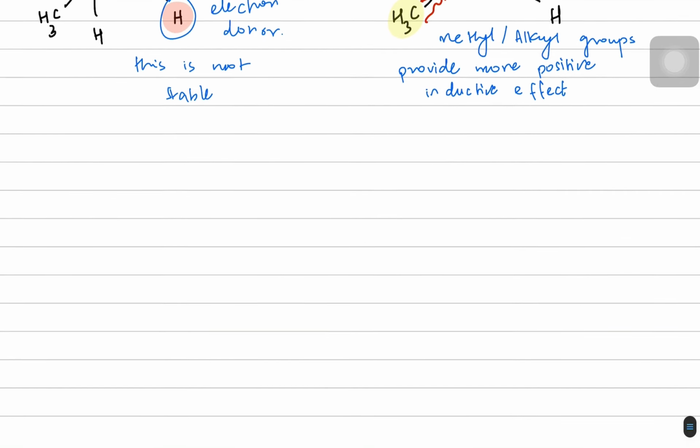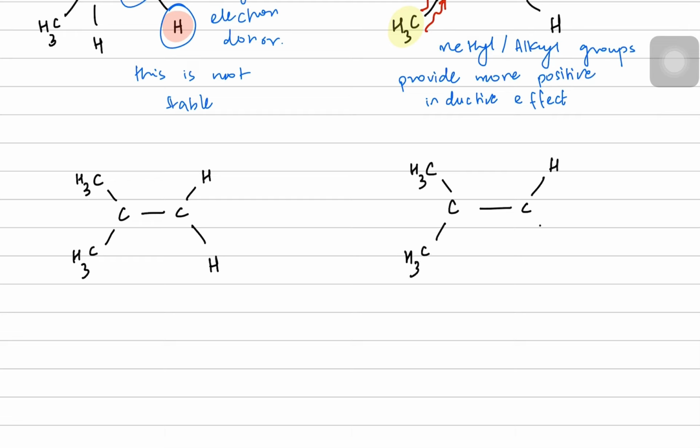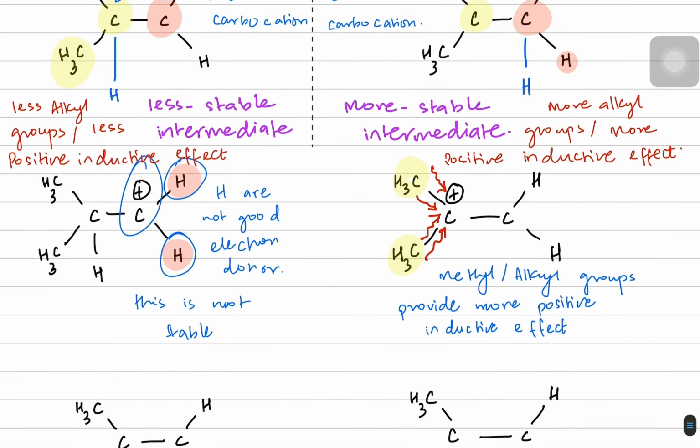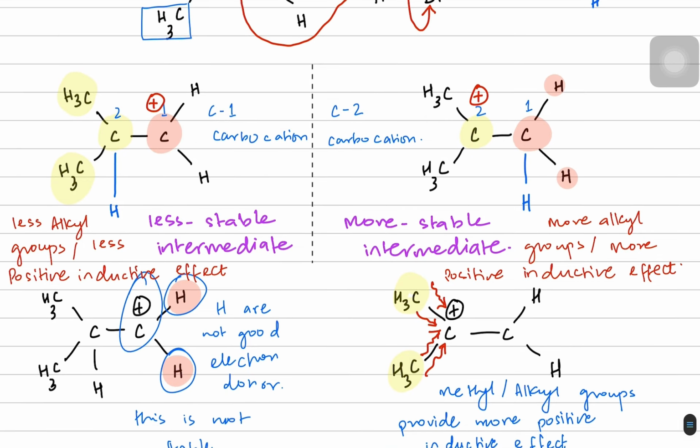Let's move forward, reminding us of both intermediates. One had a less stable intermediate, the other had a more stable, perhaps better intermediate. We know we were highlighting it with yellow and the red carbon.